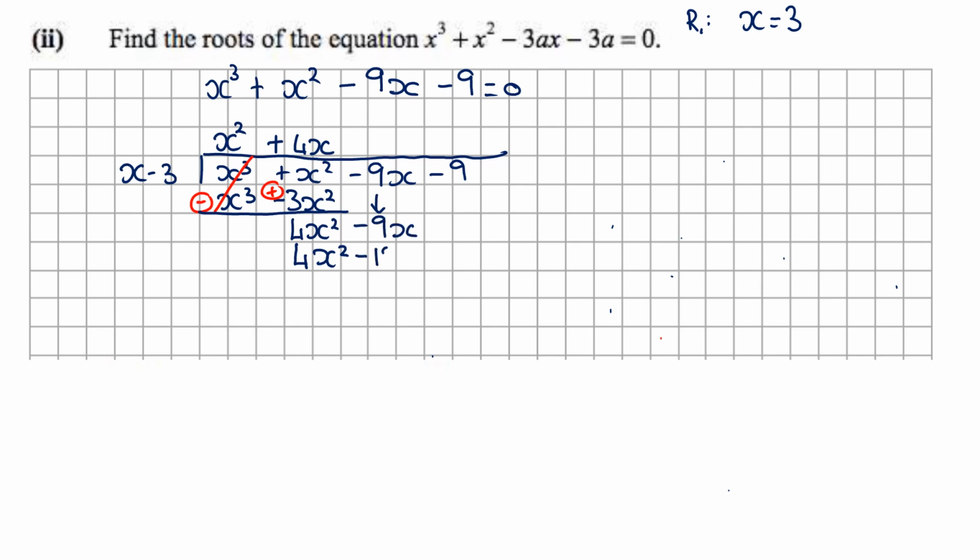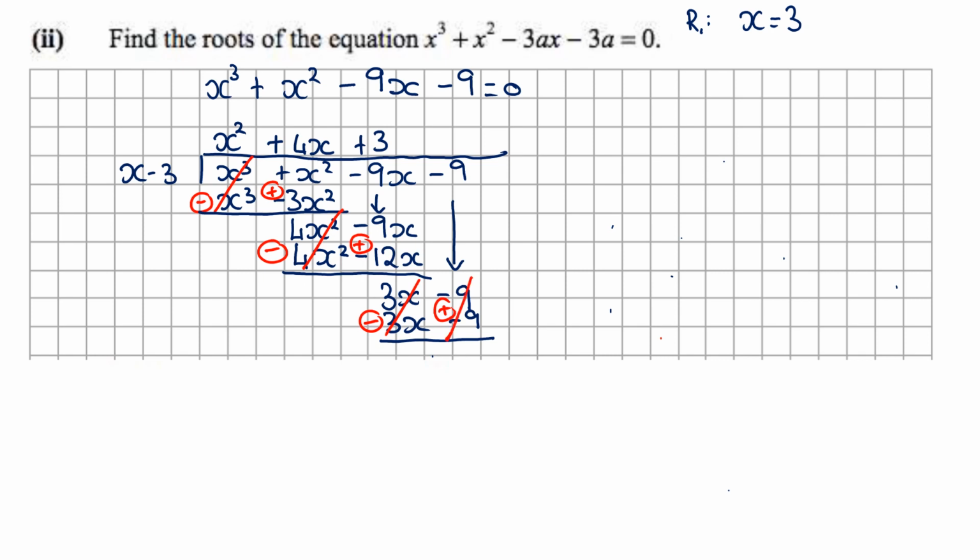We subtract, so this becomes a minus, this becomes a plus, and we're left here with 3x, and we bring down our minus 9. This gives us a plus 3, so we get 3x minus 9, and that leaves us with no remainder, as we would expect.